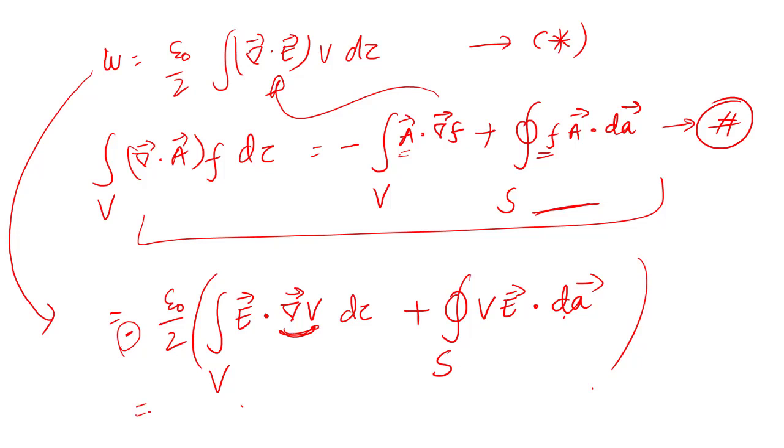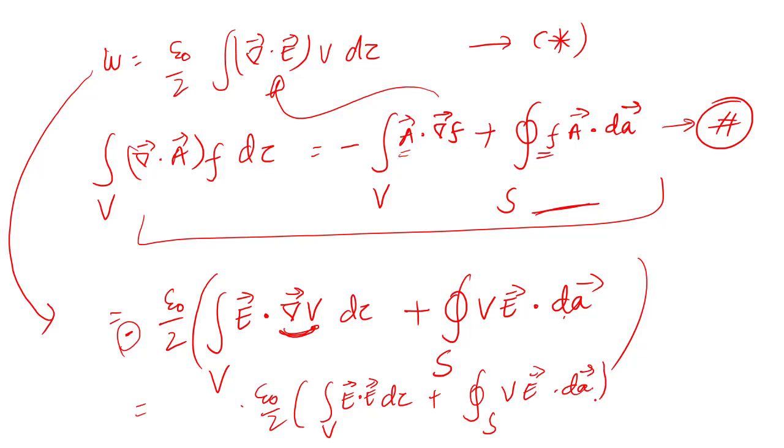So here then we have epsilon naught by 2 times the volume integral of E dot E over the volume plus the surface integral of V E dot dA. This E dot E is simply E squared. It's the dot product with itself, so you get the magnitude squared.